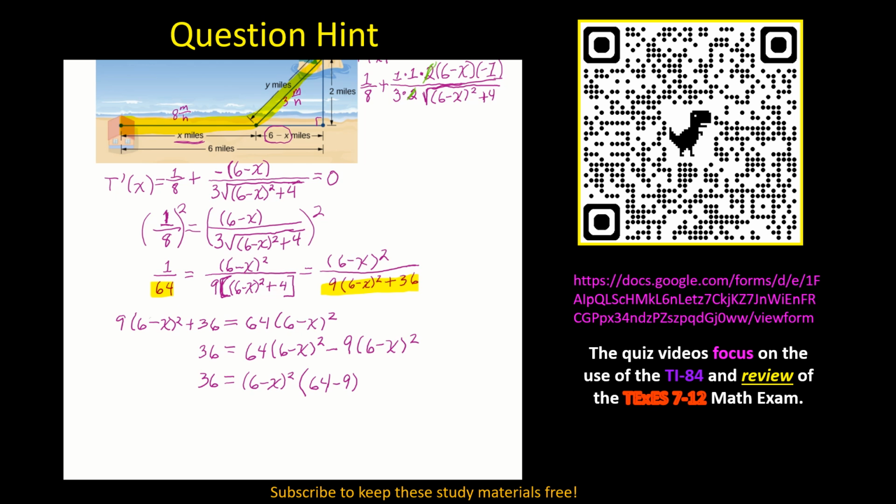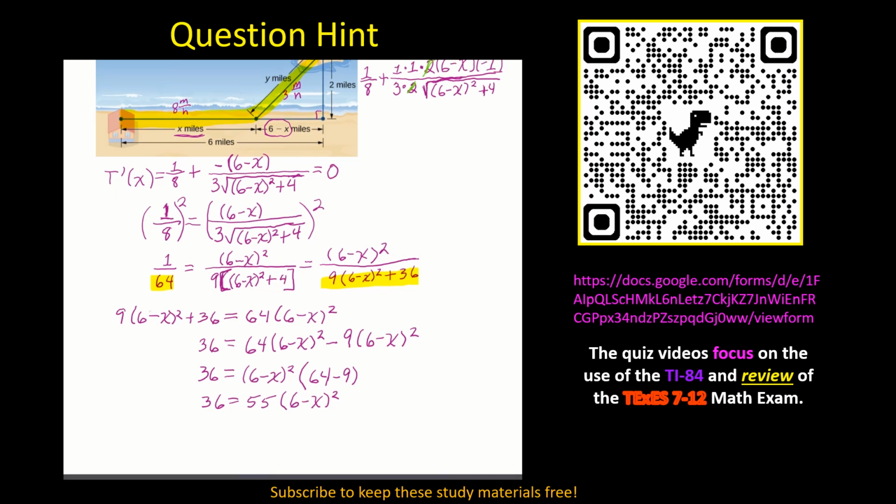And what does that become? Well, I see 36 equals 55 times our 6 minus x squared. And that's not bad, because now we've got 36 over 55 equaling the 6 minus x squared.